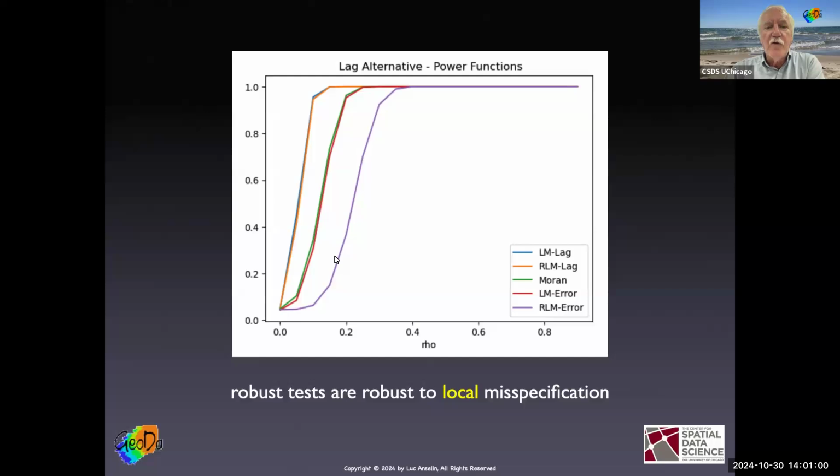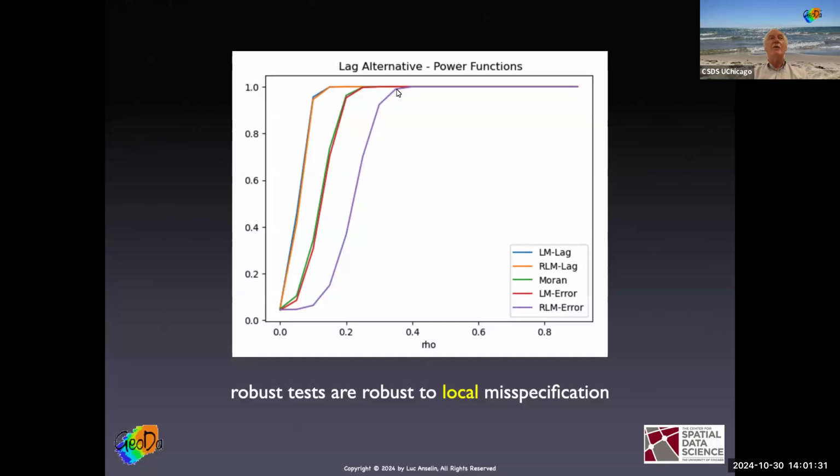This curve illustrates the correction that happens to the LM error test due to the possible presence of a lag alternative. In other words, there is a correction, but it's not that great. Even 0.3, which is not very much. I mean, we'll run some examples, and almost all the estimates are larger than 0.3. You have 100% rejection rate.